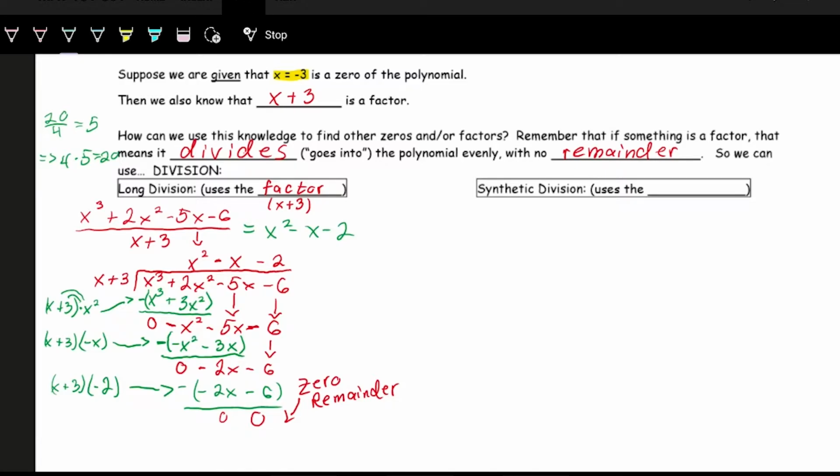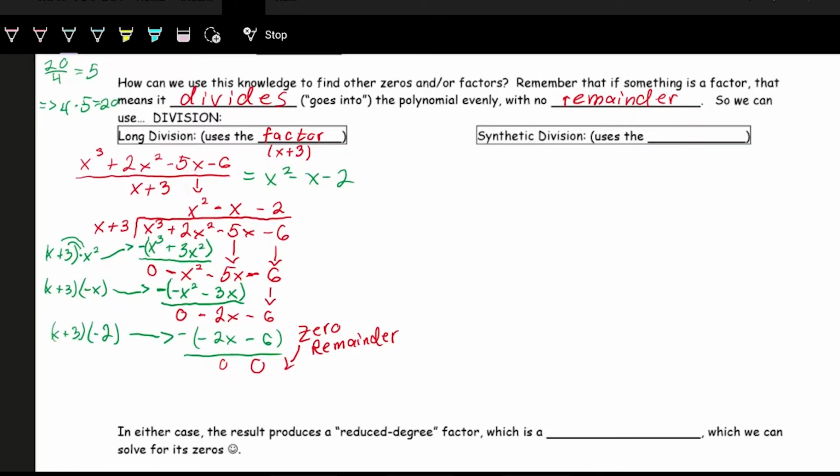So if we have the two factors, we can write it as a product and we get the dividend, the thing in the numerator. And we can do that here as well. We have this long cubic polynomial being divided by x plus 3, and we got x squared minus x minus 2. So we can write the dividend, the original polynomial in the numerator, as the product of its two factors.